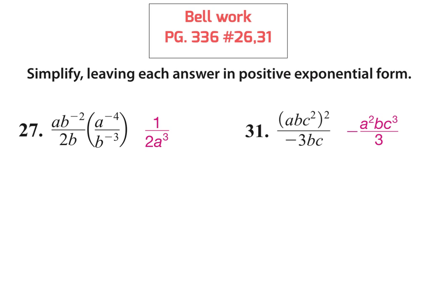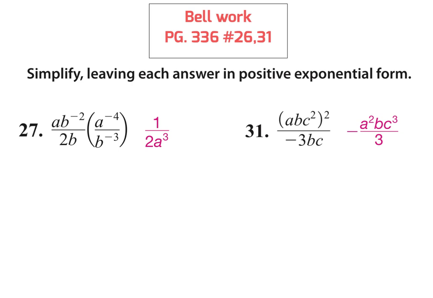All right, so let's look at this first one. We have a b to the negative 1 over 2b, and that is being multiplied by a to the negative 4 over b to the negative 3. All right, so this is all multiplication, all right?